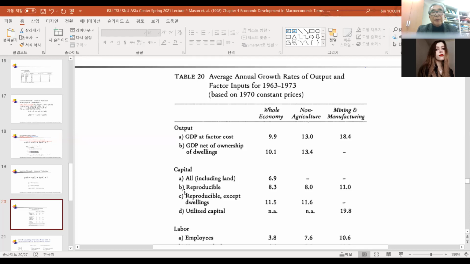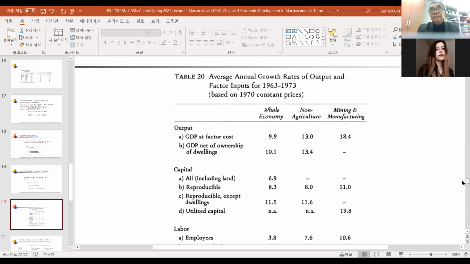I will explain the difference: all capital includes land. Land is not reproducible. Land is there, fixed, non-reproducible, right? So eliminating land, we call it reproducible. Number C is except dwellings, housing, okay? So let us use B as an alternative working concept, reproducible capital.